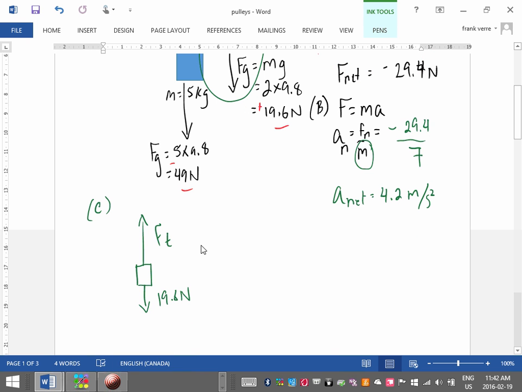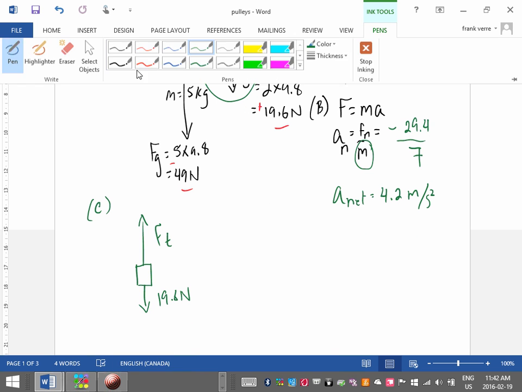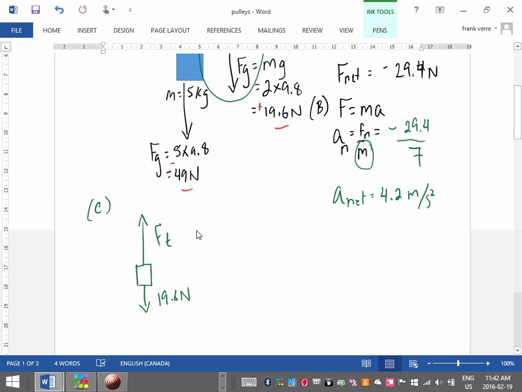So this is what we know. We know that this thing is accelerating upwards. We know it has an acceleration of 4.2 meters per second squared up. But that was the net acceleration, correct? This is the net acceleration.